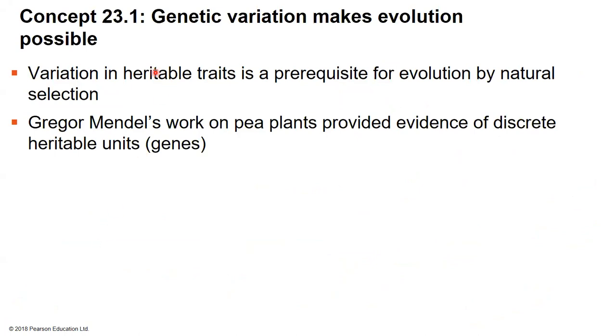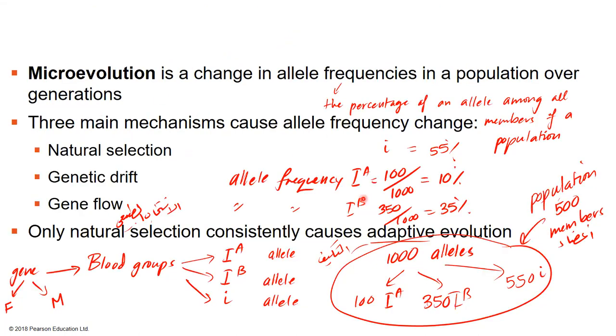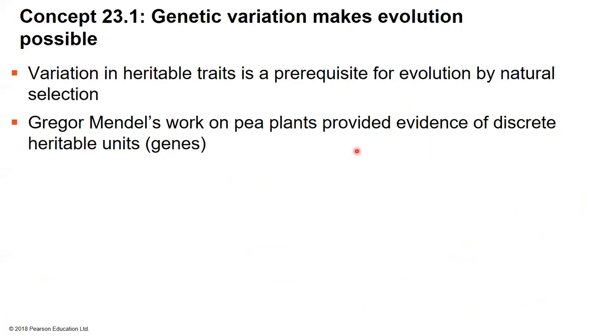Now, in order for allele frequency to change and the whole population to evolve, genetic variation is a must in this case. So this genetic variation leads to phenotypic variation.